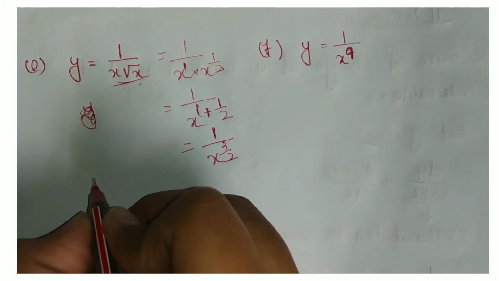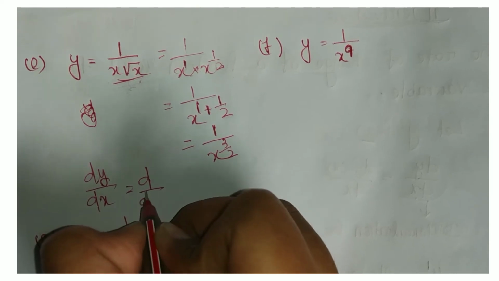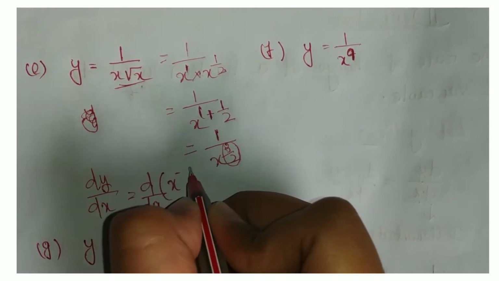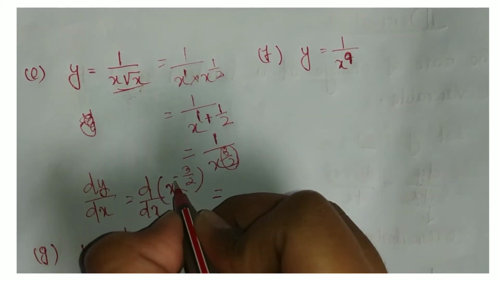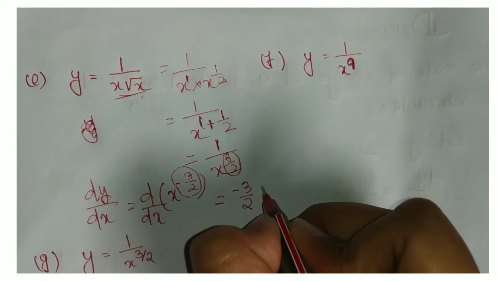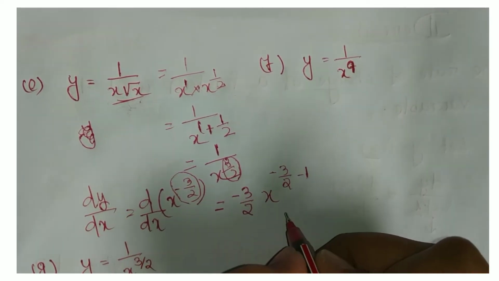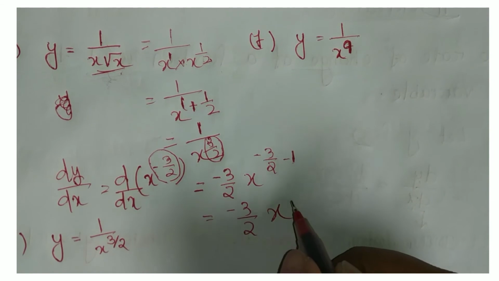So dy by dx is equal to derivative of x to the power minus 3 by 2, here n is equal to minus 3 by 2. So minus 3 by 2 x to the power minus 3 by 2 minus 1, that is equal to minus 3 by 2 x to the power minus 5 by 2.